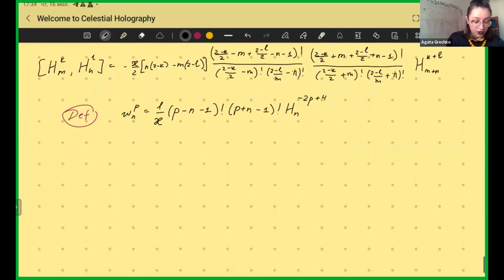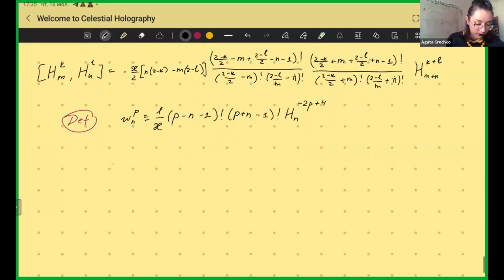Okay, if we do such a substitution, this commutation relation will take a much simpler form. And this much simpler form is something that defines our W1 plus infinity algebra.